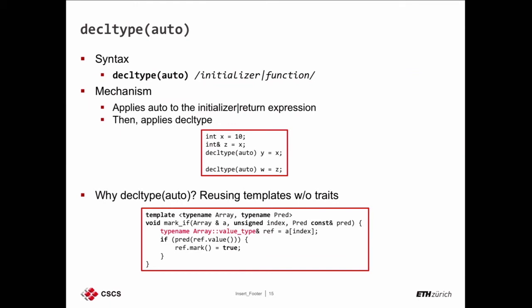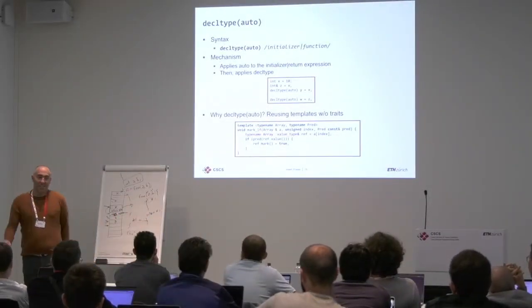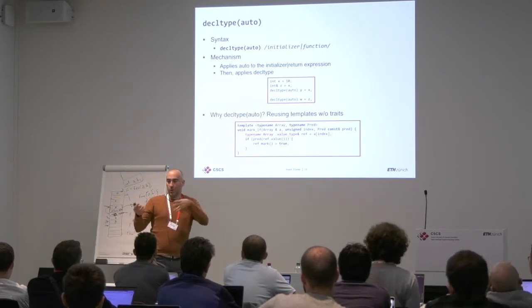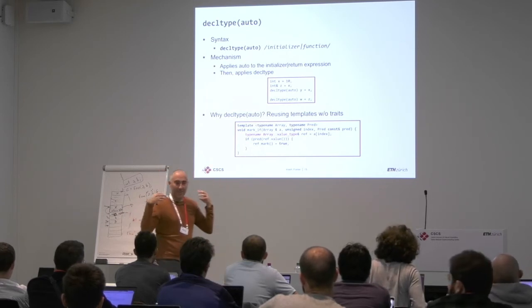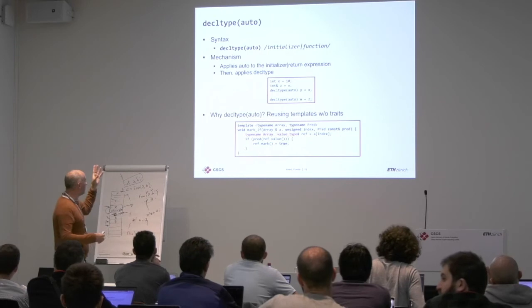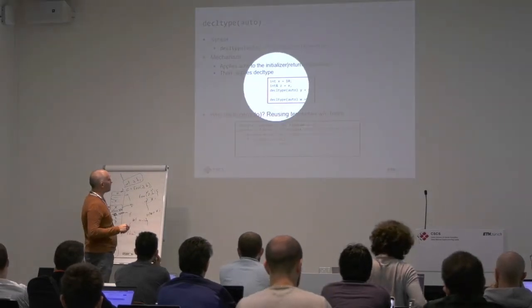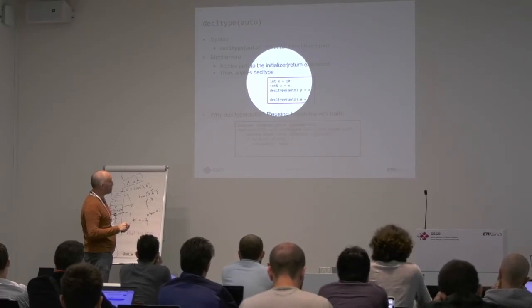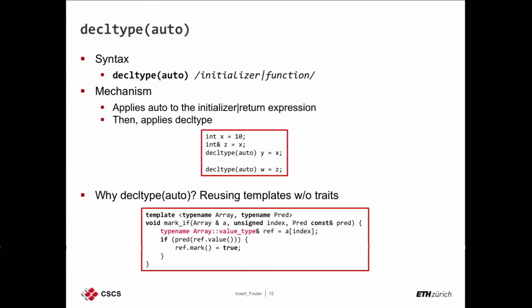Okay, quickly on the decltype auto, C++14 offers you another keyword, actually. This is actually a keyword, okay? It's not the composition of decltype and auto. It is somehow the composition of the two, but it's like an idiomatic sentence. Say decltype auto. And then if I have x, which is an integer, and z, which is a reference to that integer, decltype auto of y and decltype auto of w will be of different type.